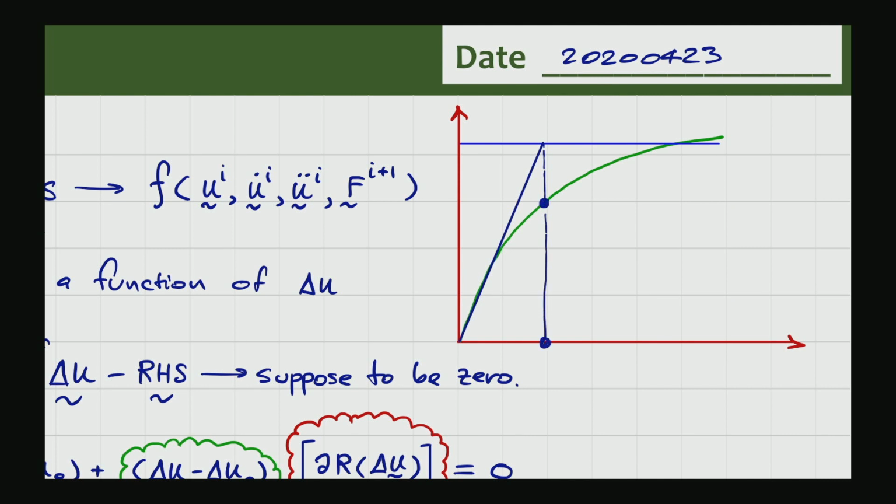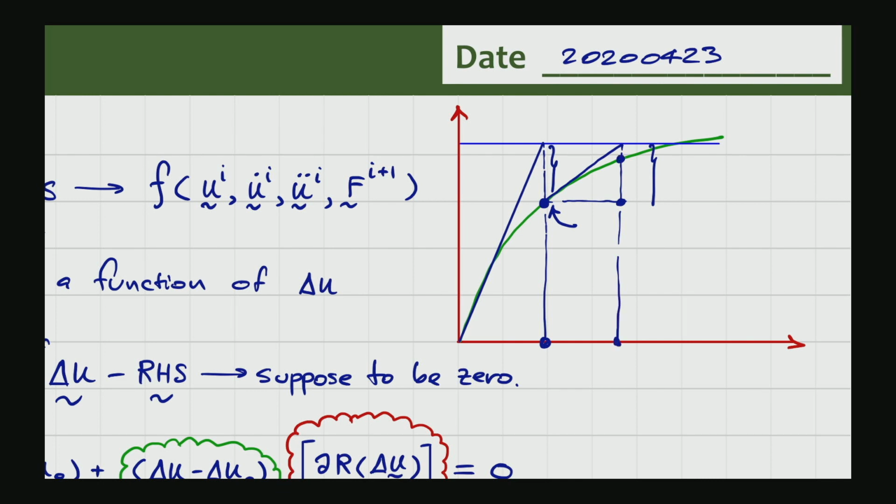But once you evaluate the internal force that provides the resistance to the applied force, you know that you still have this gap. So this turns out to be the new current point, and then you make the projection from this current point. So this is the difference of the force that you have currently to the target force. You get the increment of the displacement to this new point.